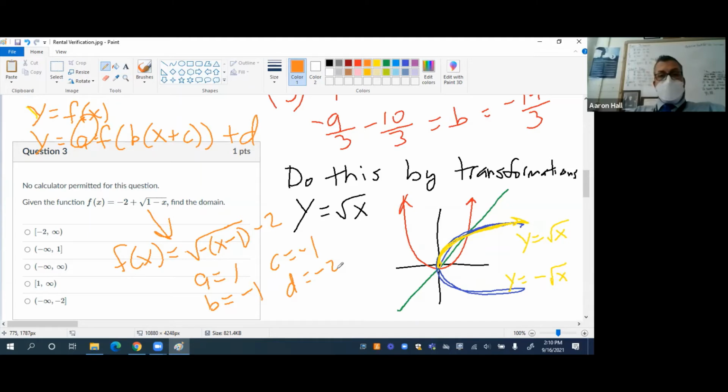What's my vertical stretch? Nothing, right? It's just 1. What does this b do? If it's negative, it's a horizontal flip. So it used to have this here. If I'm doing a horizontal flip, then that's going to be a graph that looks like this. Okay. What does c do?